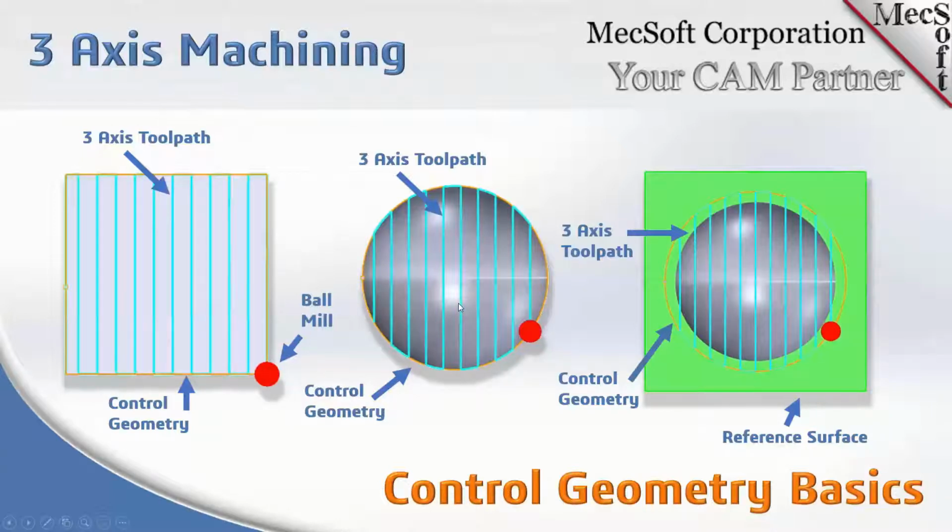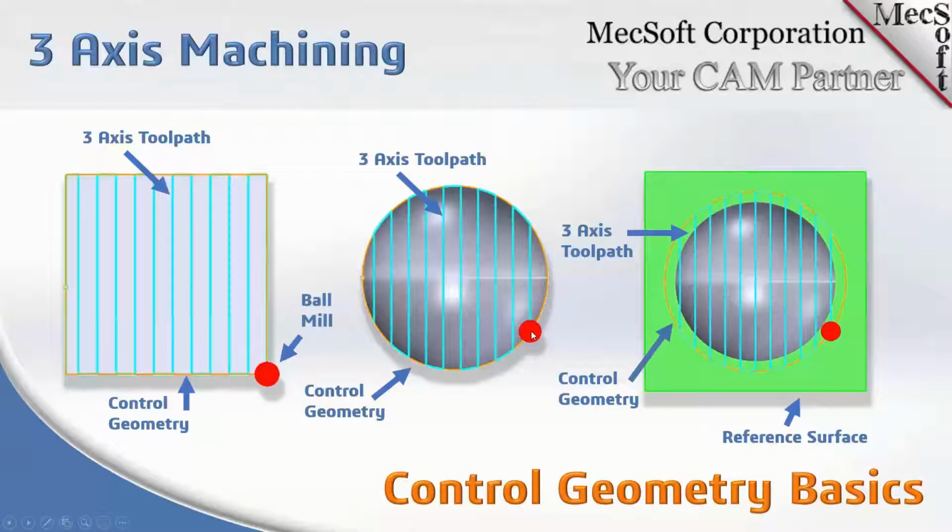In the middle picture, this is actually looking down on a sphere. In this illustration, we selected the perimeter of the sphere at the split point of the sphere. Similar to the left image, the tool goes right to the edge of the control geometry, which is the edge at the sphere, and it comes back and forth, steps over, etc. Now, the one on the right, I'm going to show you in more detail in the next slide.